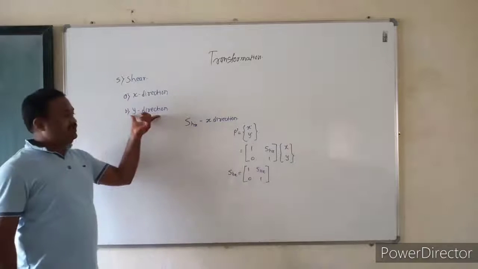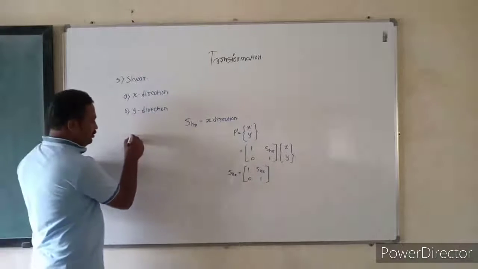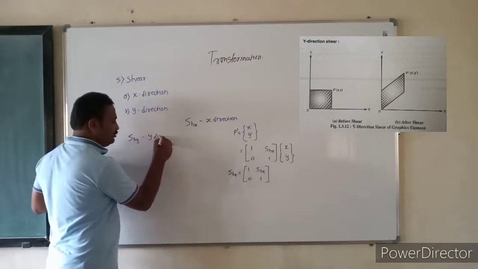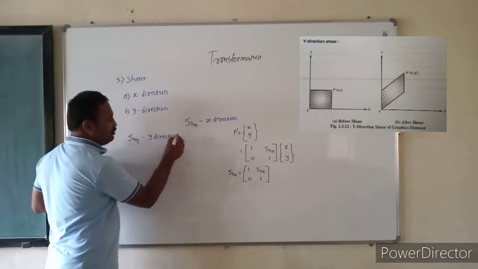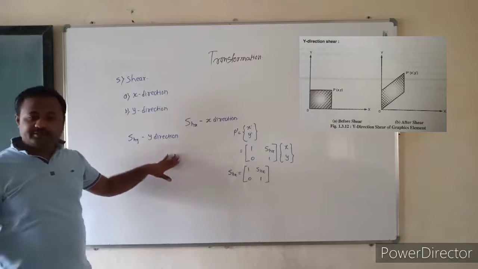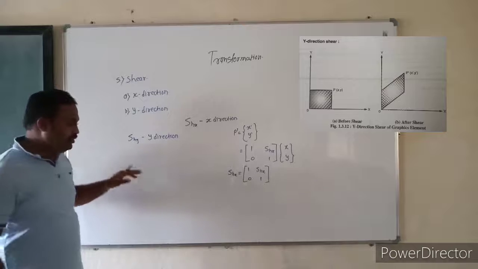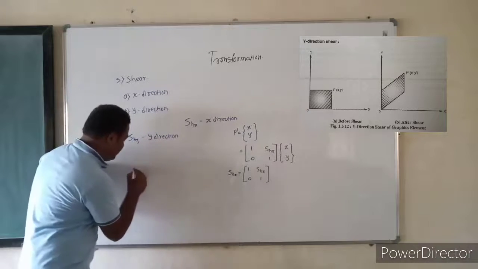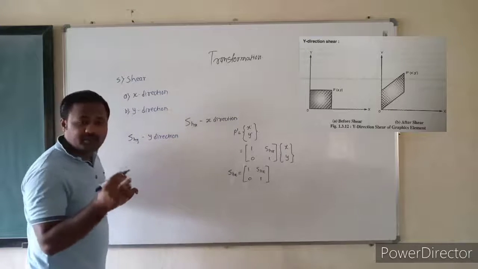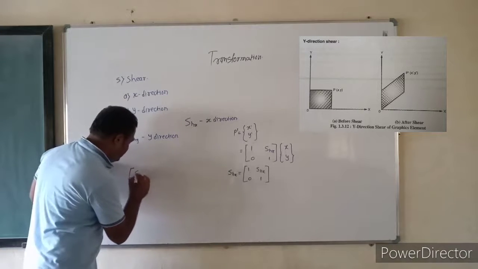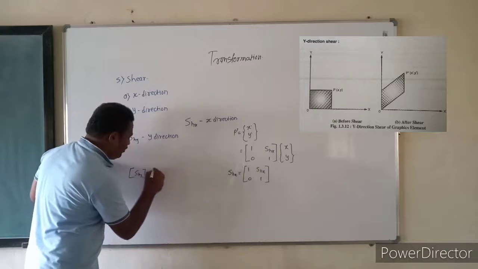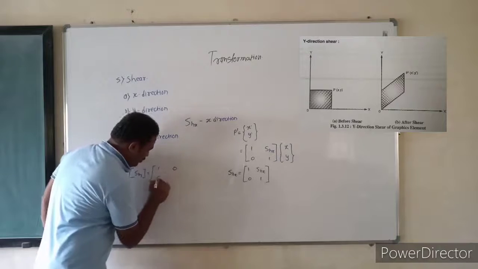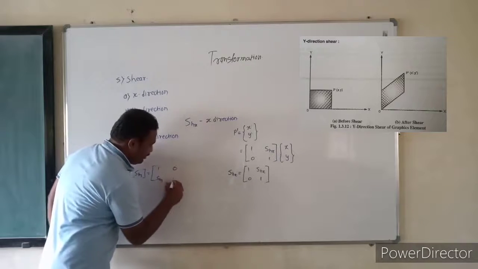Similarly, if it is shearing in y direction, then shy is y direction shearing. Okay, shearing in y direction. Then the matrix for finding the shearing in y direction is shy is equal to 1 0 shy and 1.